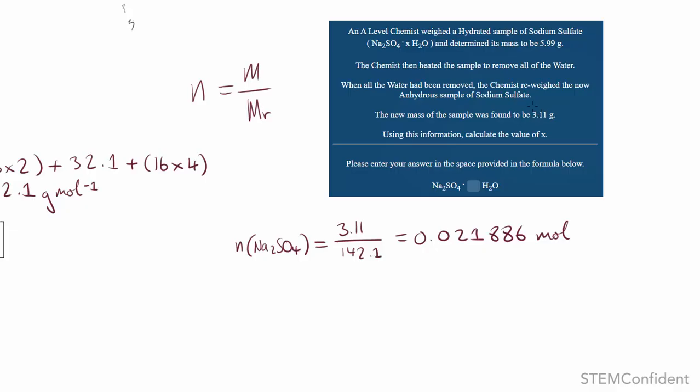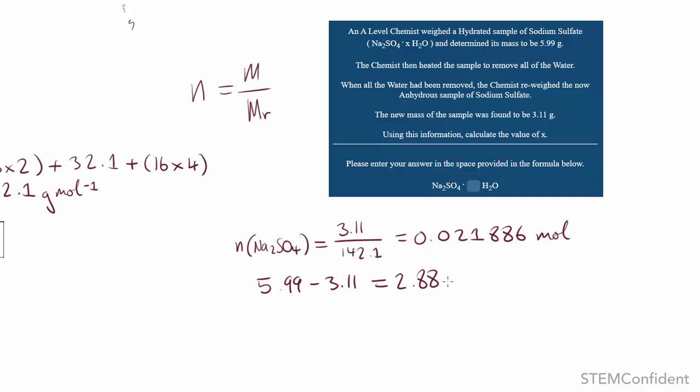Of course, the difference is the water. So if we just do the difference, we would be left with the mass of the H₂O. In this case, it's 5.99 minus 3.11, which is going to give us 2.88.